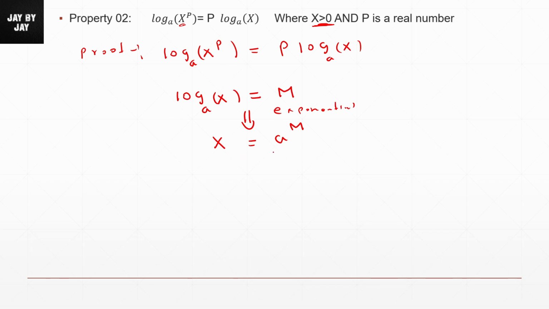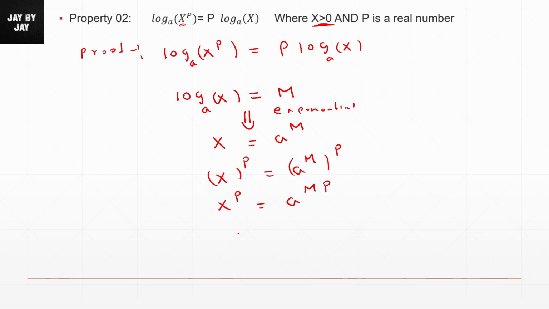Then we need to make x to the power p, so I am going to raise both sides of the equation to the power p. What is the value on the left side of the equation? x to the p equals a to the mp, right?